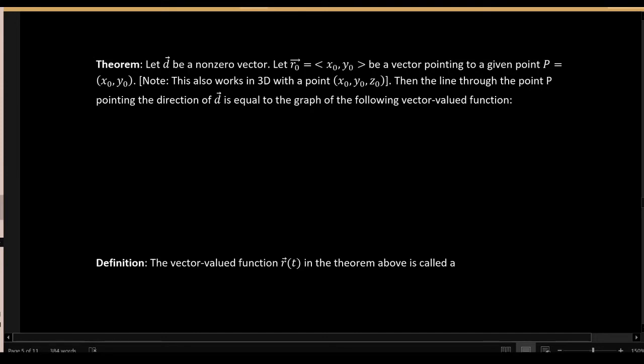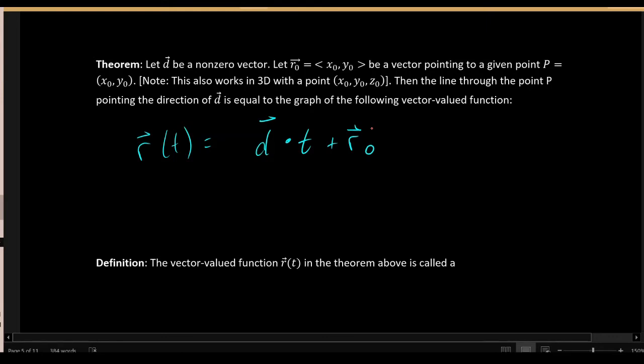If you want to find a line which passes through the point x0, y0, and which points in the direction of the vector d, then that line is the same thing as the graph of the vector valued function where you take the vector d, scale it by the input t, and add the vector pointing toward the given initial point.